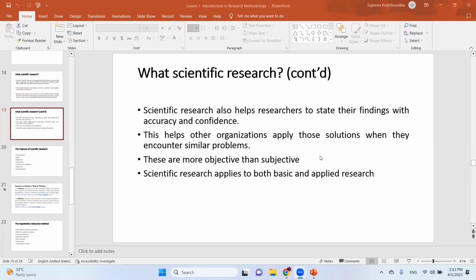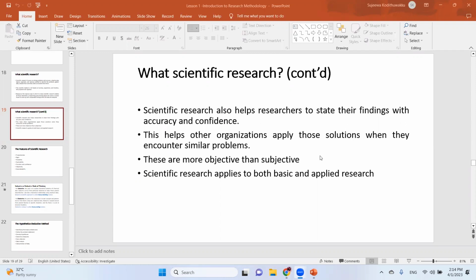If they have the particular problem, they can use your solutions to overcome it. If you follow the scientific method, definitely your solution can apply to various other similar organizations. That is called generalization.